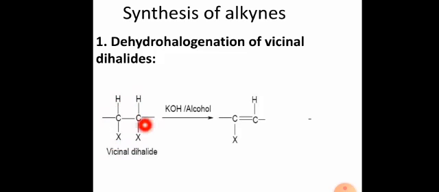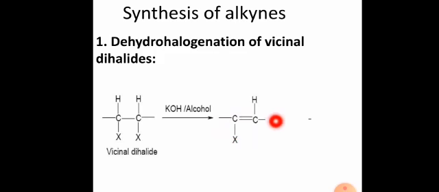If you remove this combination, H and X, you are going to get a double bond here, but again you can see we have another combination, H and X. These dashes could be hydrogen or carbon, depending on what suits you. Halogens are good leaving groups.